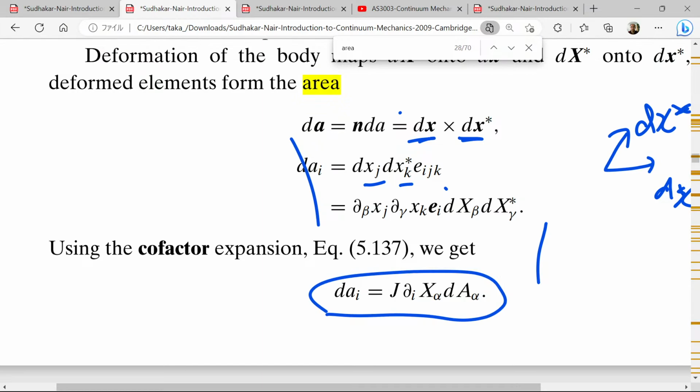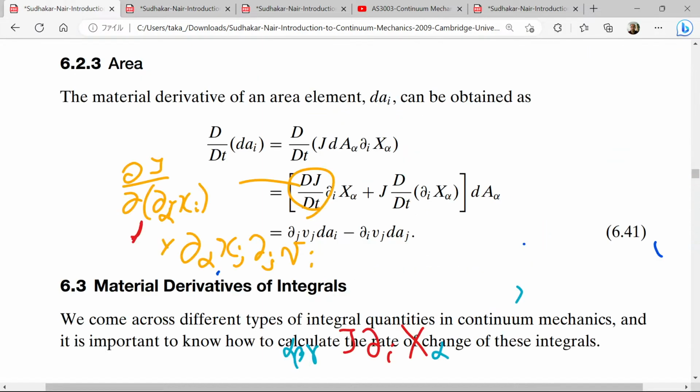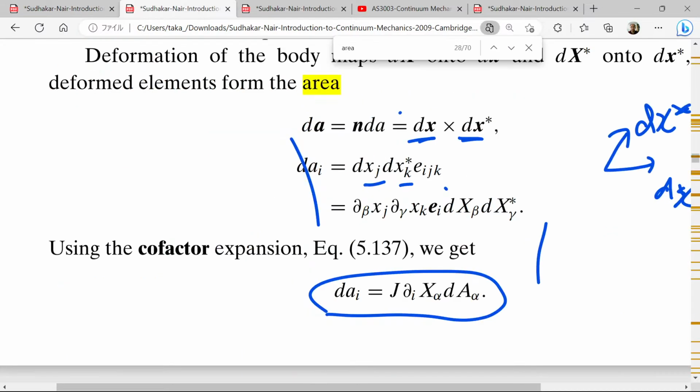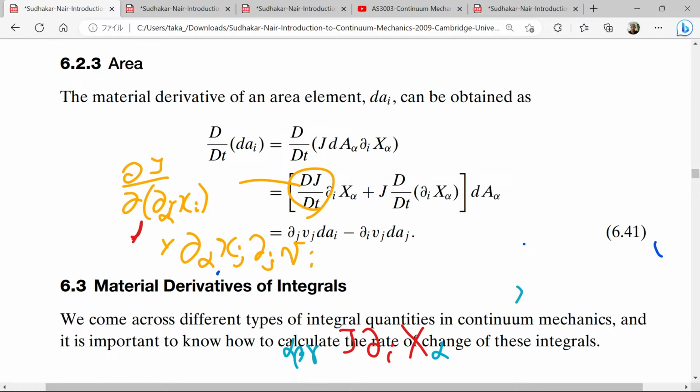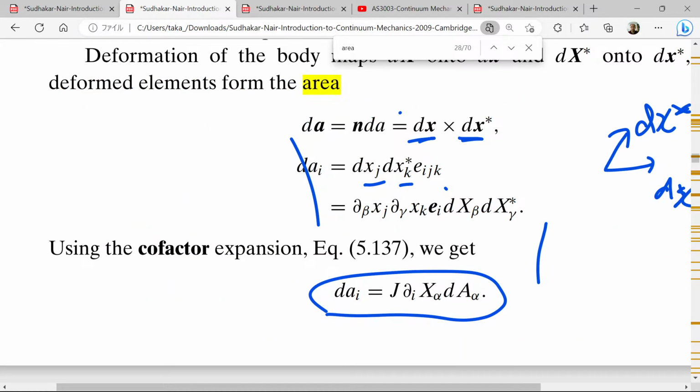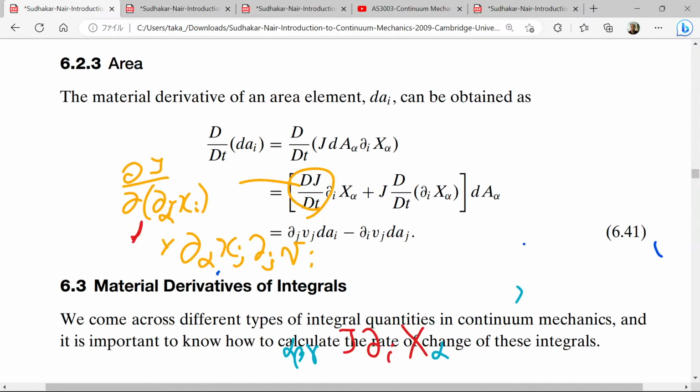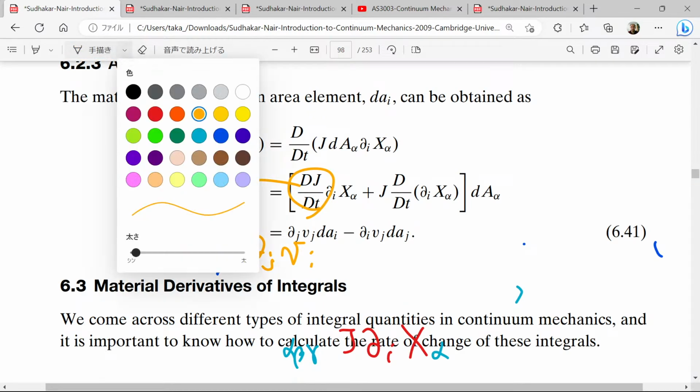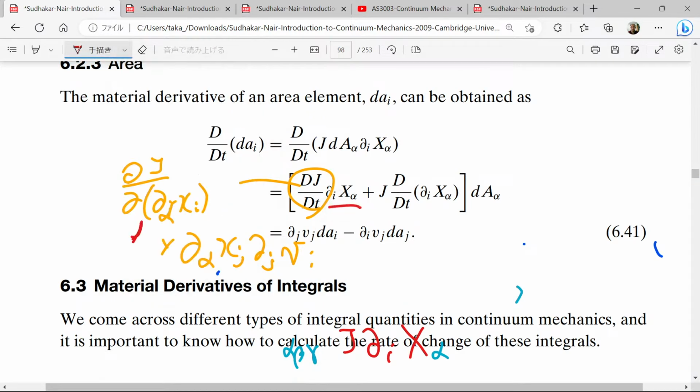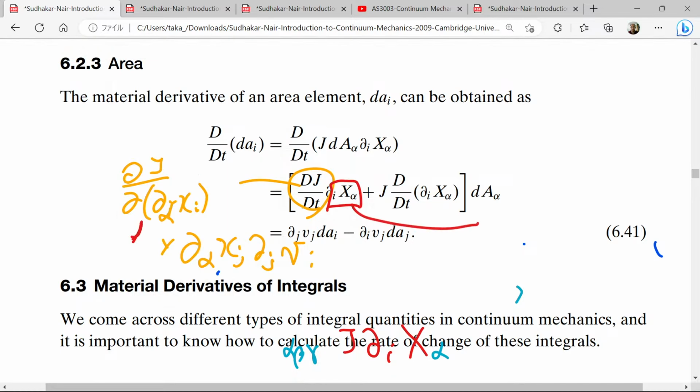Partial I x alpha j. Large x alpha j. Partial I large x alpha. Okay, here. This and this combine.